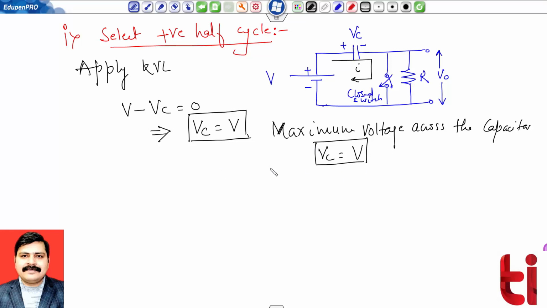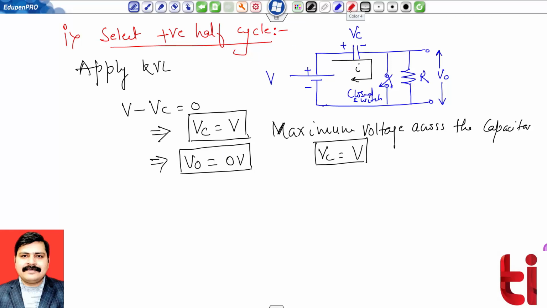Now at the same time, let's determine the value of output voltage V0. And if you can see that as it is a closed switch, behaves like a short circuit, that means V0 will be equals to 0 volt. Because in parallel, voltage is same, so V0 will be 0 in this situation.